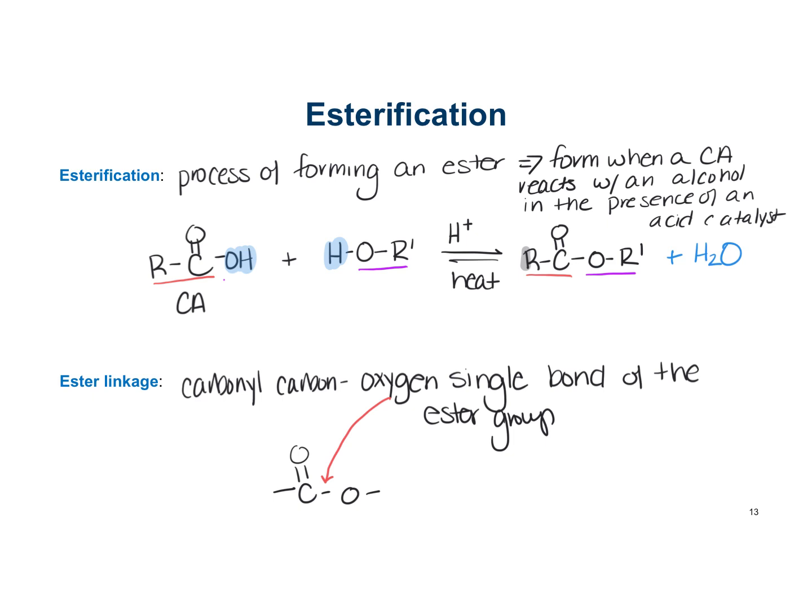Now, let's talk more about that ester functional group. This ester functional group is a key structural feature in fats, oils, and other lipids, which we're going to talk about in chapter 18. It's also widely found in fruits and flowers.